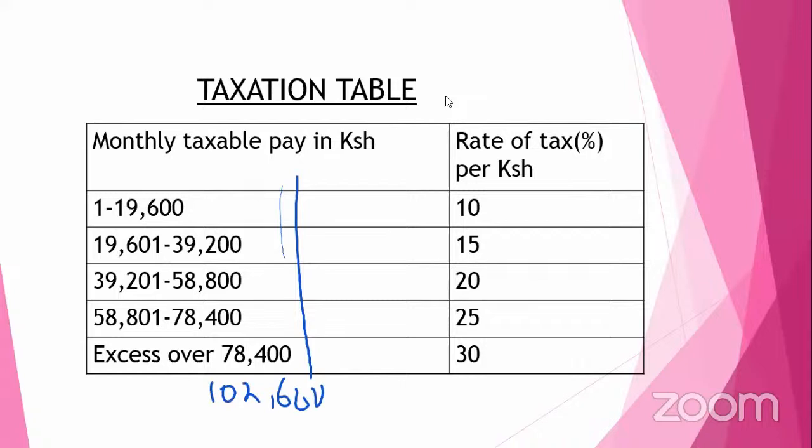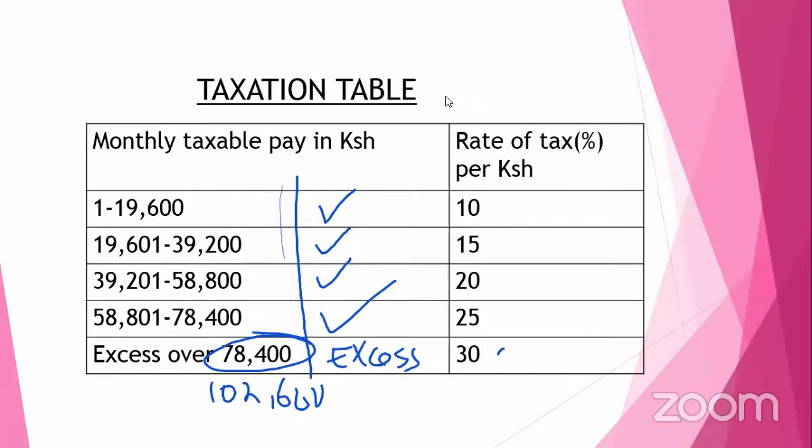It will be taxed at this slab, there is still some more money to go to the next slab, and another money to the next. But because our table goes up to 78,400, there is some excess that will be placed in that category.